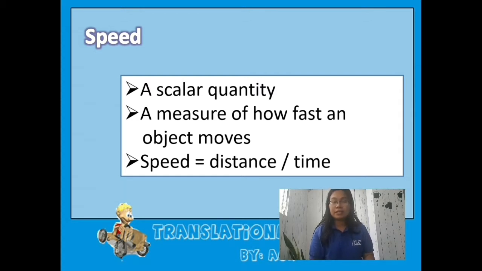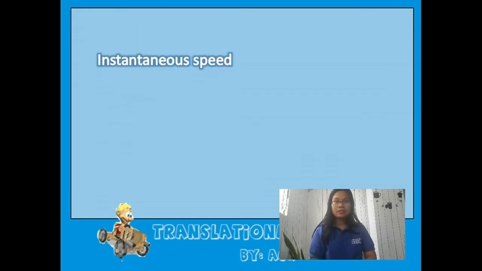So what is the basic unit for speed? Let's say distance is expressed in meters, and time is in seconds, so that is meters per second. So it tells us how fast an object moves. What is instantaneous speed? When you are driving and you look at the speedometer, that is your instantaneous speed at that particular time.